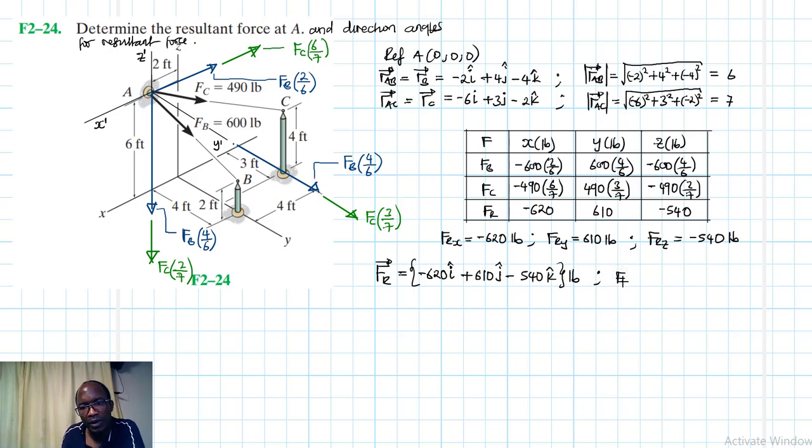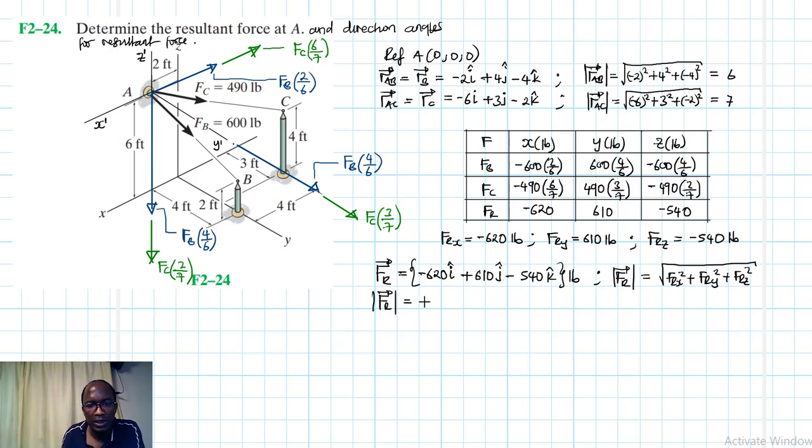Alright. The magnitude of the resultant, just using Pythagoras theorem. We have all the components FRX squared plus FRY squared plus FRZ squared. When we plug in all those values and then you use your calculator, we have 620 squared plus 610 squared plus 540 squared.